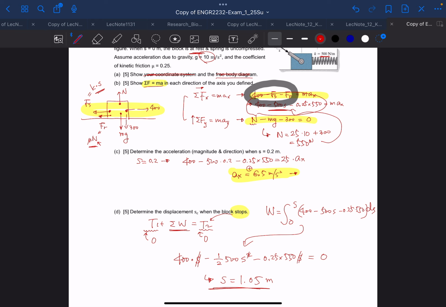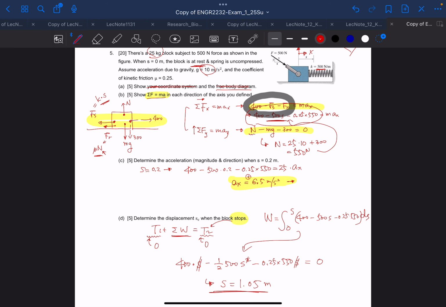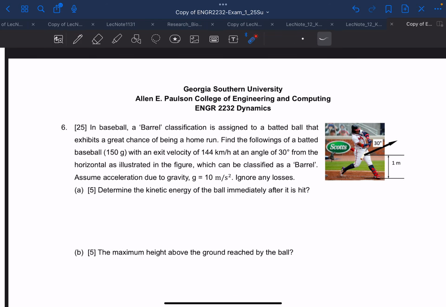Okay? All right. So, any questions up to here? So, you need to set your axis and do the free body diagram, F equals ma in each direction, and then use this information to solve some of these. All right? Okay. And then let us move on.